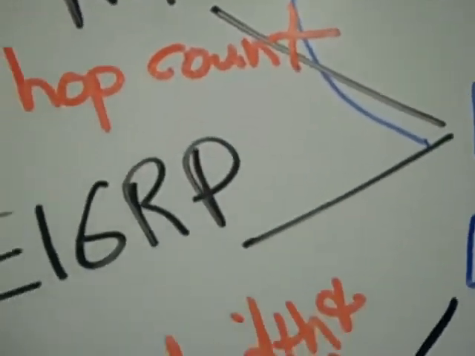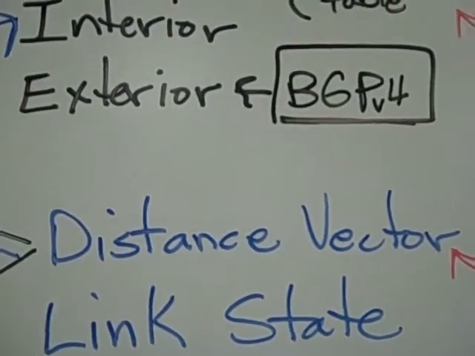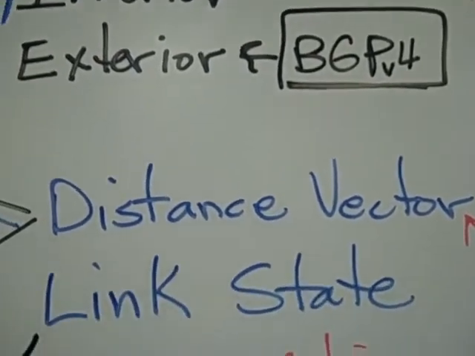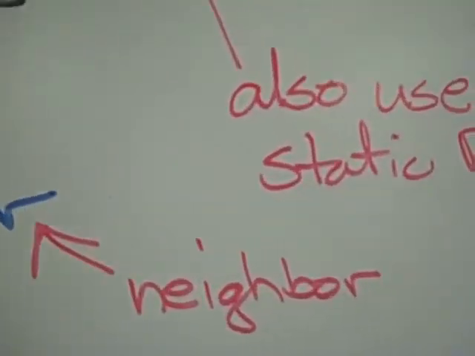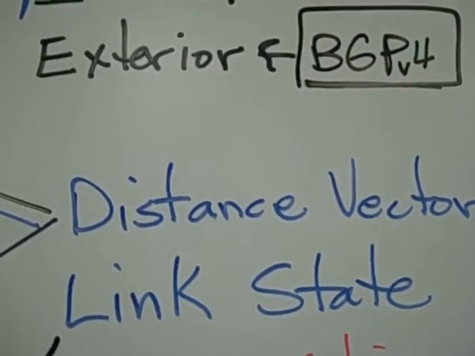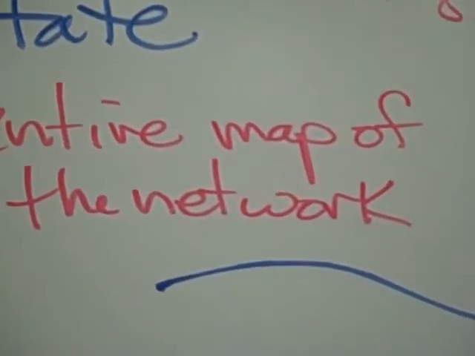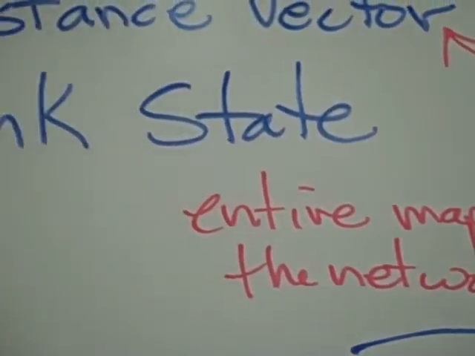EIGRP and RIP, those two are distance vector routing protocols. Distance vector, we look at the neighbors to determine what we put in our routing table. Link state creates an entire map of the network.